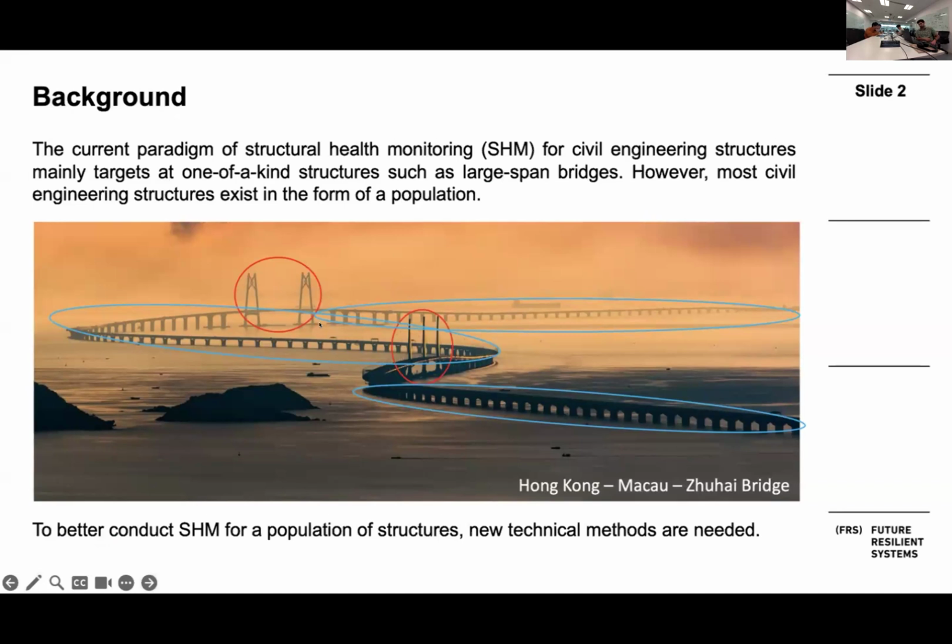Actually, in our civil engineering infrastructure, most of them are short and medium span bridges, for example, and they are large in number, but so far we don't have a very effective inspection or monitoring tool to conduct SHM on them. So there is still a gap between the application and the research efforts.